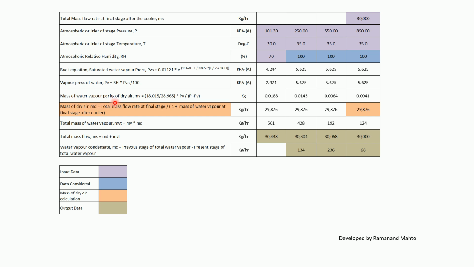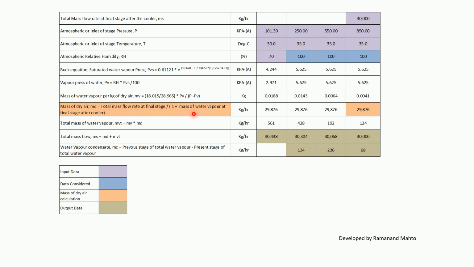Mass of water vapor per kg of dry air, we can write with this equation: 18.015 upon 28.96 into PV upon P minus PV, which comes out 0.0188, 0.0143, 0.0064, 0.0041.